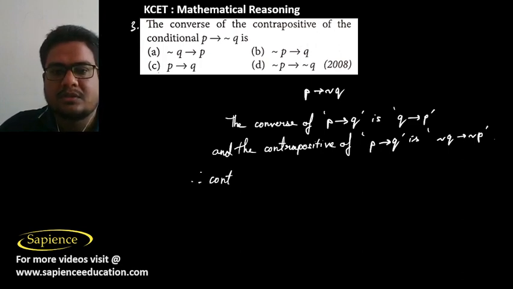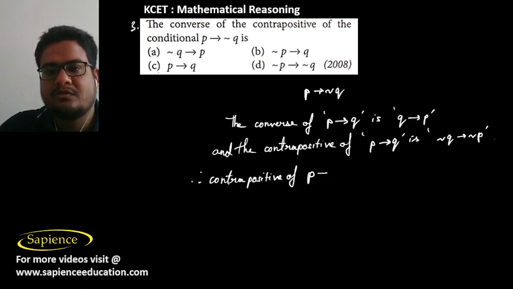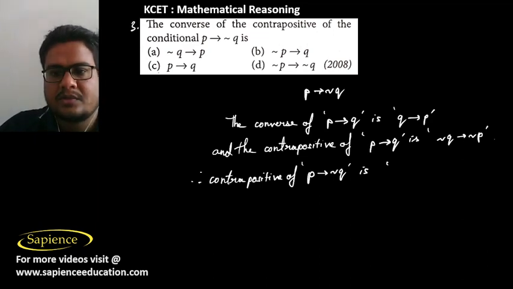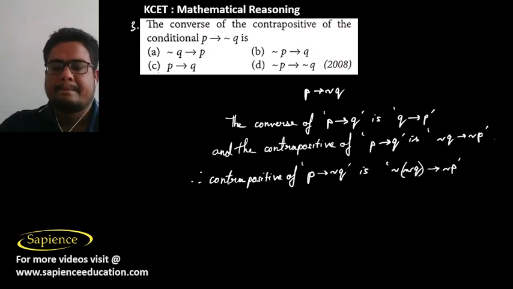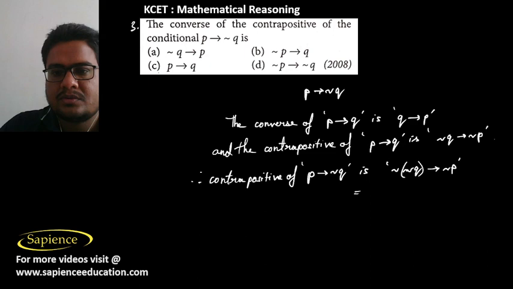Therefore, first we need to find the contrapositive of the statement if P then not Q, which is if not of not Q, then not P. Not of not Q is Q. So if Q then not P. We have to find the converse of this.